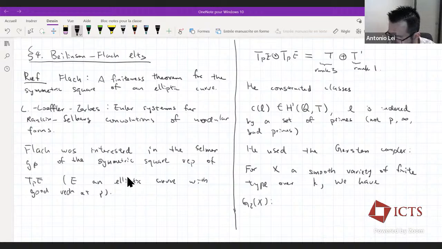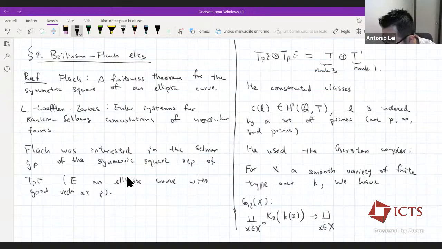I'll just write this down and then I'll tell you what the terms are. Sorry about my K: I have big K and small k. And also I have small x and big X. I hope it is clear which one is small and which one is big.